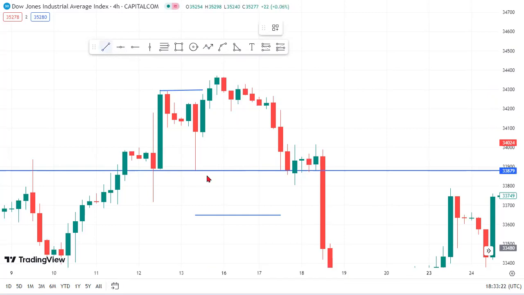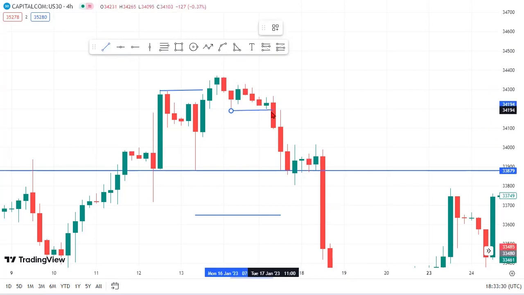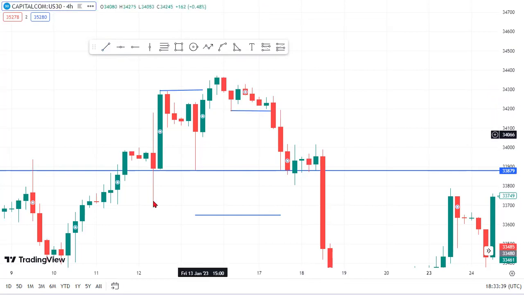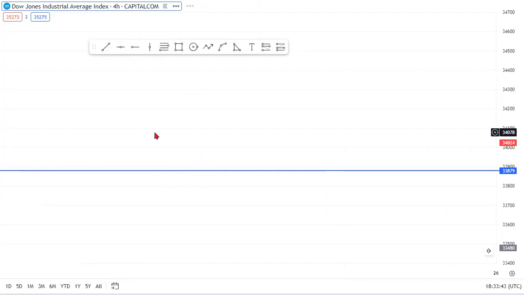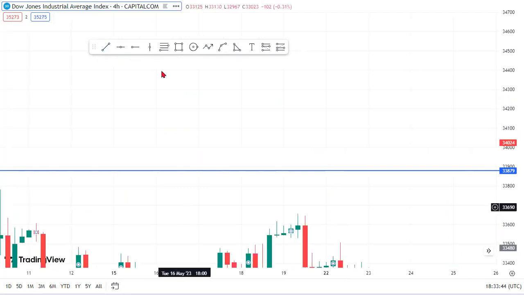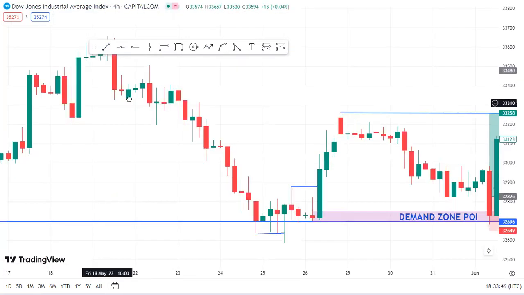So you have this low, then you have this low. You're going to see which low it is from a certain time frame, which is the 1 hour time frame. So we're going to see exactly what happened, because you can't see what exactly happened here. But you know the market came back down.